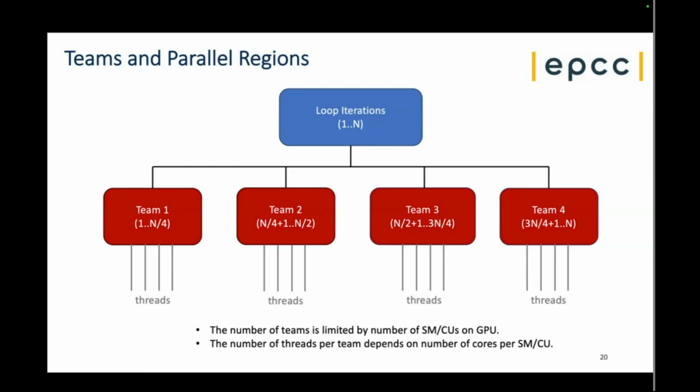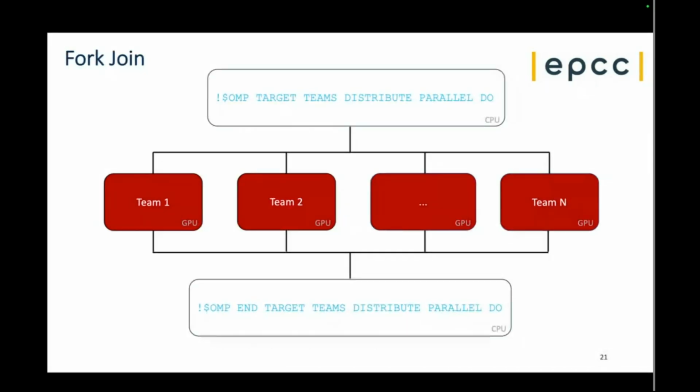Okay? So what you typically want to do is to have a target, to run on the device, teams, to generate teams, distribute, to spread them across the compute units, parallel, to run the execution in parallel, and then parallel do, just to give a Fortran example for once, where the parallelism is in the do loop.